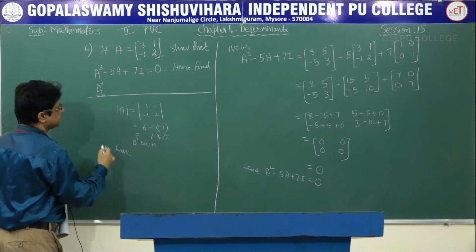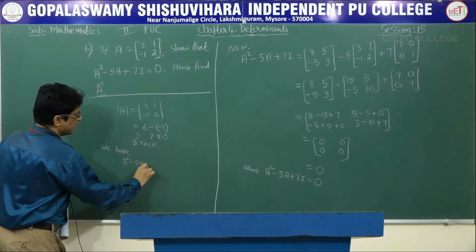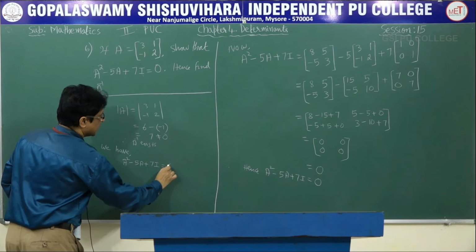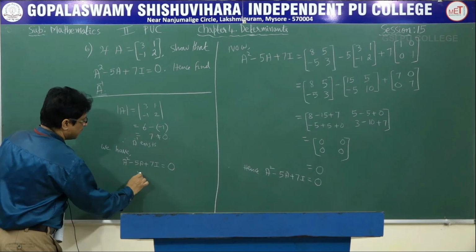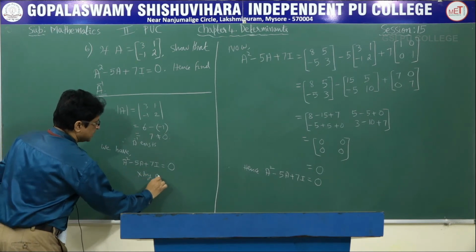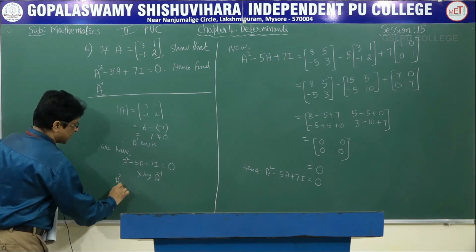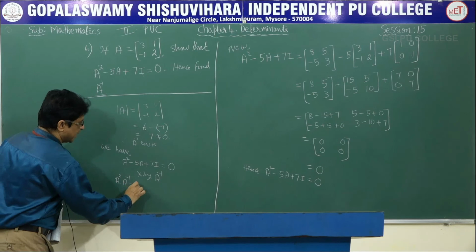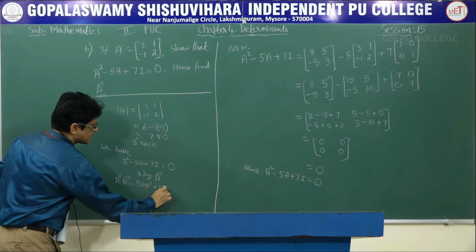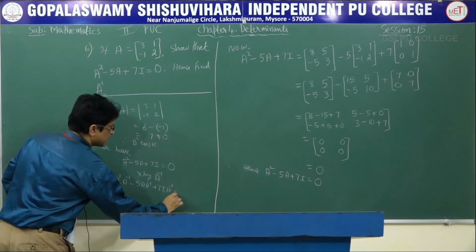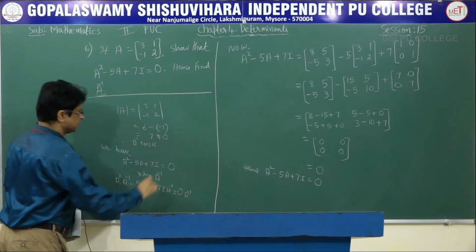We have A square minus 5A plus 7I equals null matrix. Multiply by A inverse on both sides. So we have A square into A inverse minus 5A into A inverse plus 7I into A inverse is equal to null matrix into A inverse.